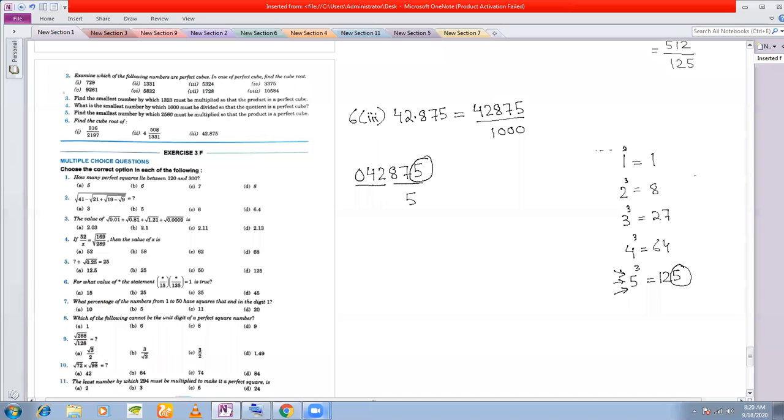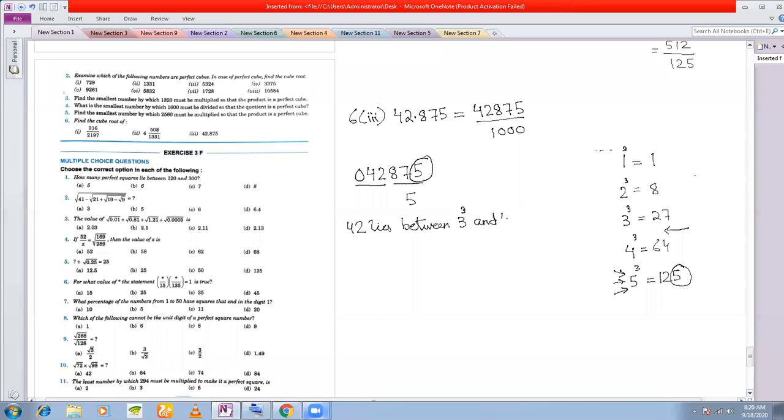Now we see the next group, 042 or simply 42. 42 lies between which two cube numbers? 42 lies between 27 and 64, so it lies between 3 cube and 4 cube.